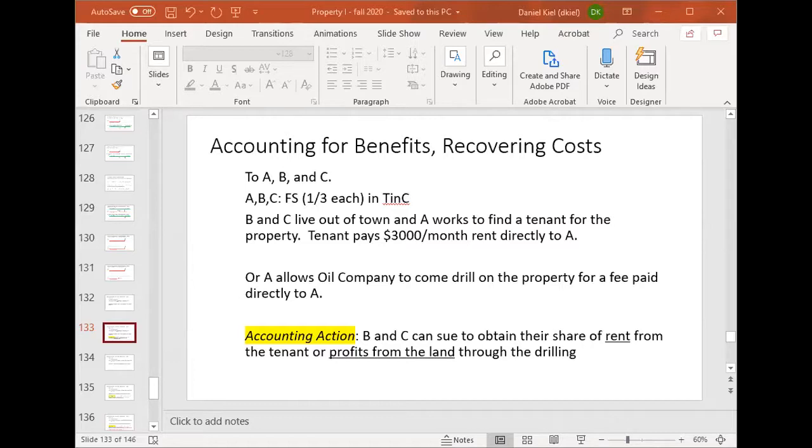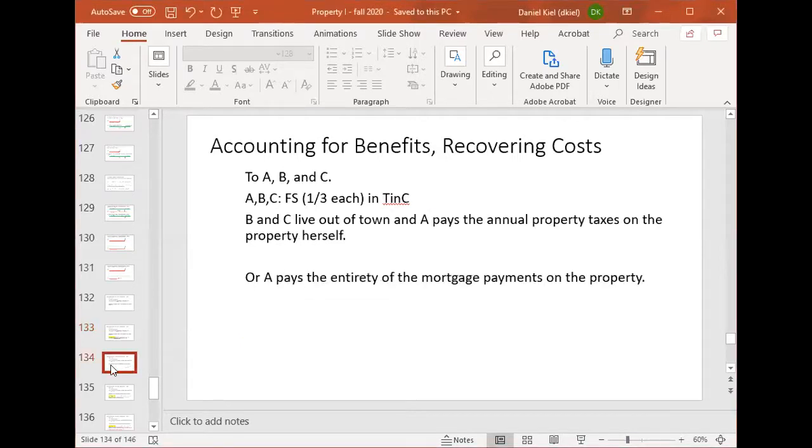Okay. So these are good things that come from the property. What about costs that come from the property? We've got the same situation, except instead of the rent or profits from the land, we have payments in the form of taxes or mortgage payments. Let's just say A is exclusively paying this.